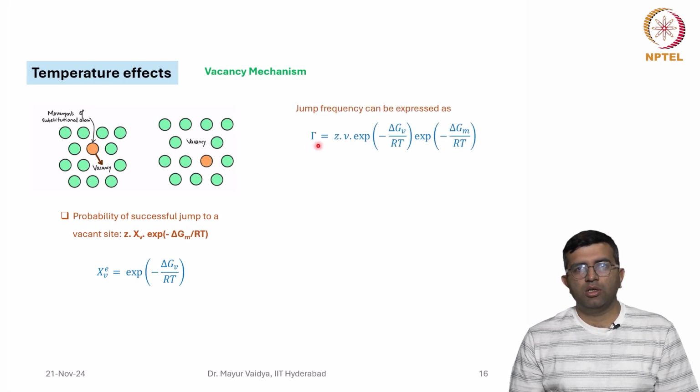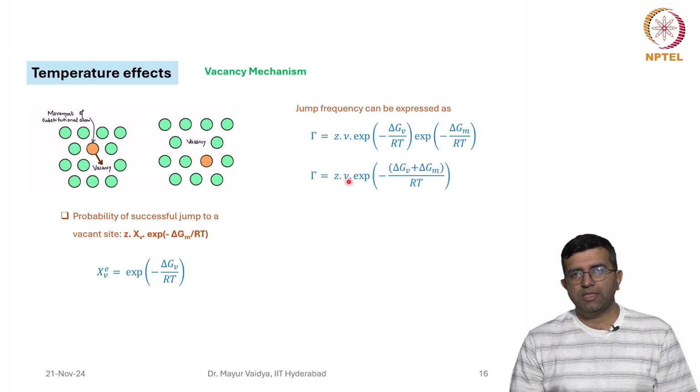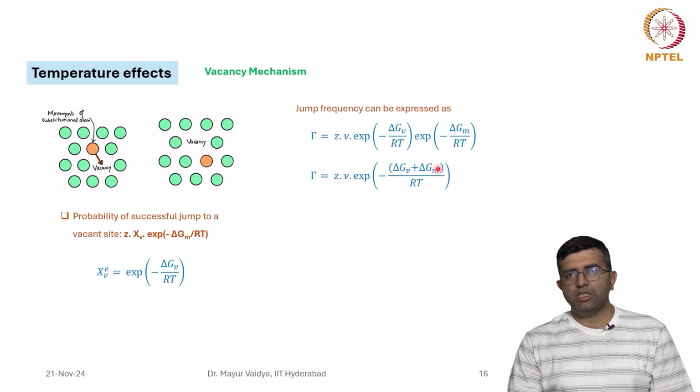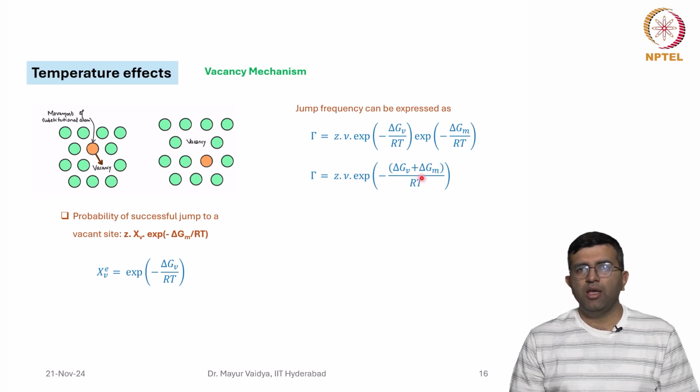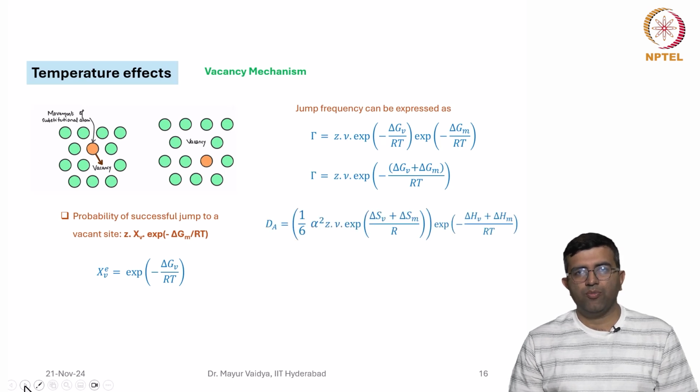So the gamma is written as Z into nu into exponential minus delta GV by RT into exponential minus delta Gm by RT. And therefore this gamma can now be written as Z nu into exponential minus delta GV plus delta Gm by RT. This R or k usage depends upon which units you are using. As long as we are consistent in solving the numericals with one unit, it should be fine.